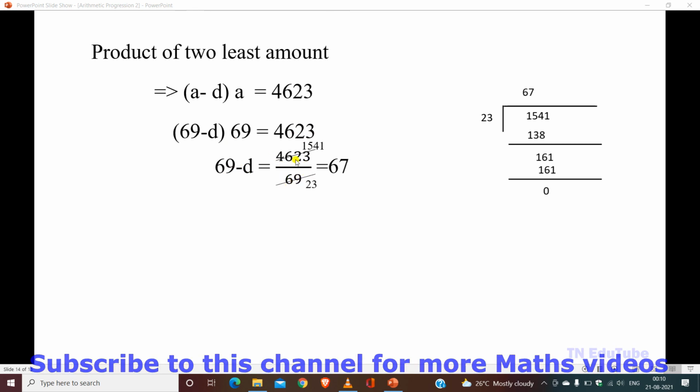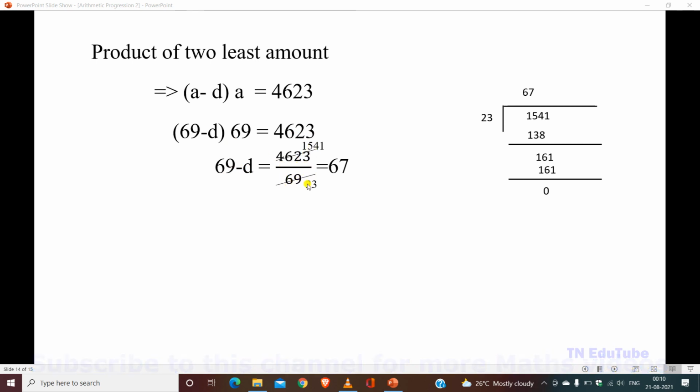When cancelling by the 3 table, you get 23. 2 3s are 6, 3 3s are 9. So 1541 by 23. When you are dividing 1541 by 23, you get the quotient as 67.